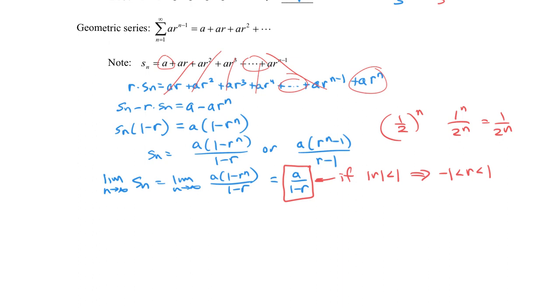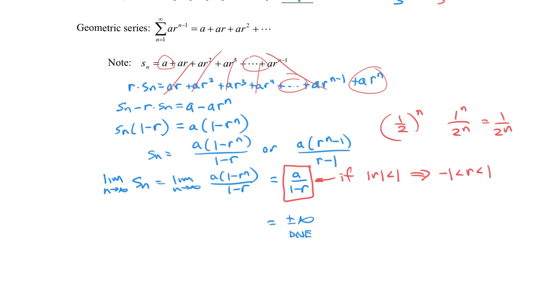So if this isn't the case, it could be a couple of things. If r were greater than or equal to 1, we're going to get infinity. But if r is less than or equal to negative 1, then we get some weird case where, say, the even terms are going towards infinity, the odd terms are going towards negative infinity. But in either case, it doesn't exist. So the other thing that could happen is we could take this limit and we get plus or minus infinity, or we could get a limit that does not exist.